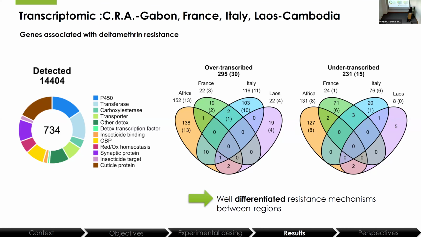And here you have a summary of over-transcribed and under-transcribed genes detected, and between parentheses, the candidate genes. And what we can see here is that there are few genes in common between each region, and only 1 candidate gene in common between France and Italy. So we can say that resistance mechanisms are probably well differentiated between regions.